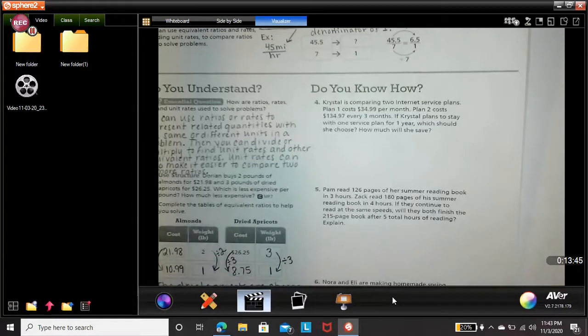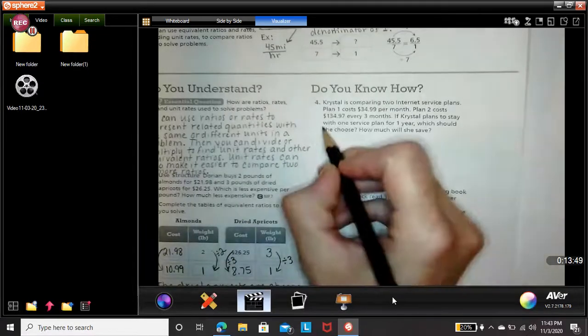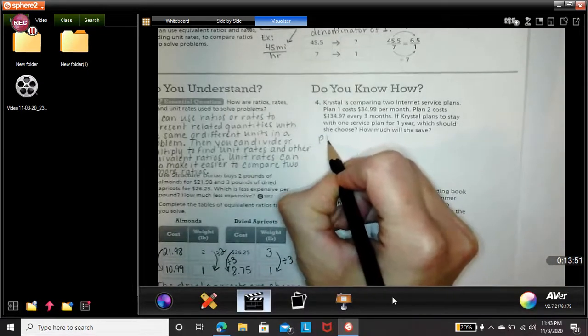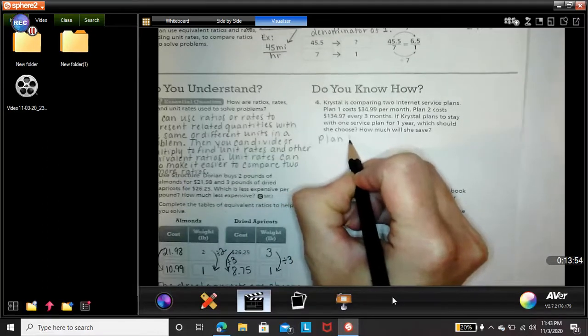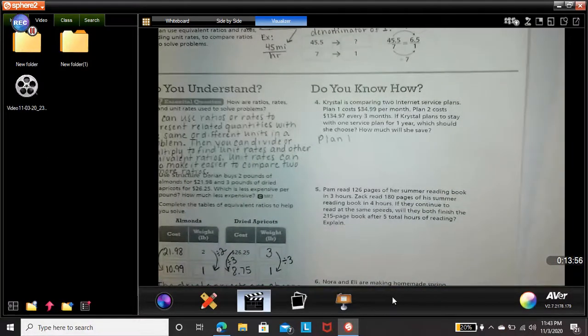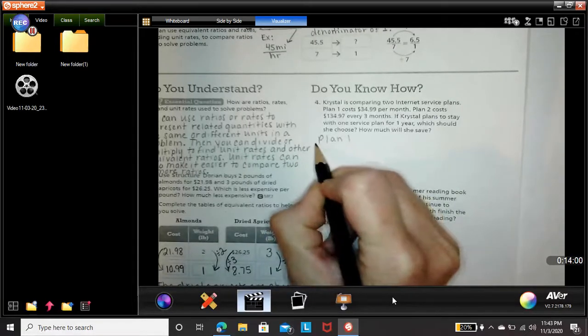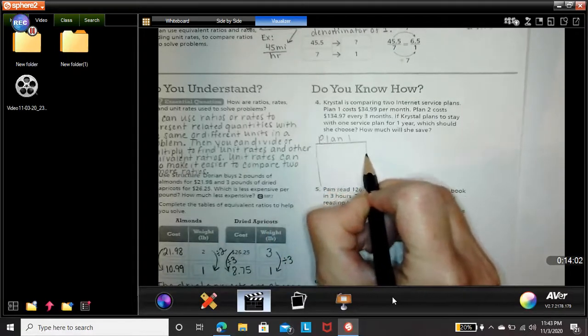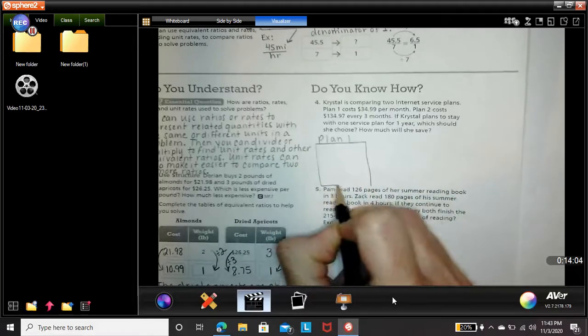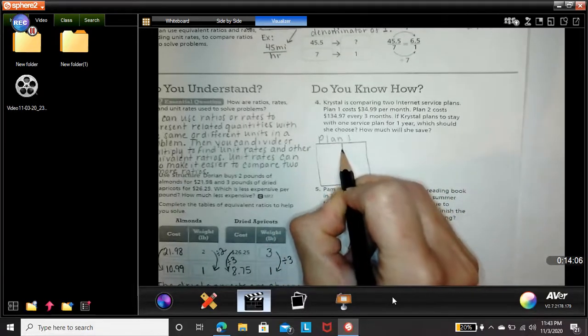Again, we want to organize our space. We are trying to compare 2 different plans. So we're going to have a plan 1, and that's where we'll start, and then also a plan 2. It is easy to compare our 2 plans if we organize our data using a table.